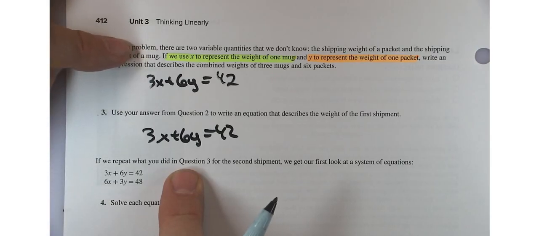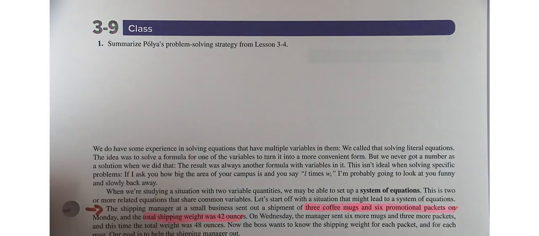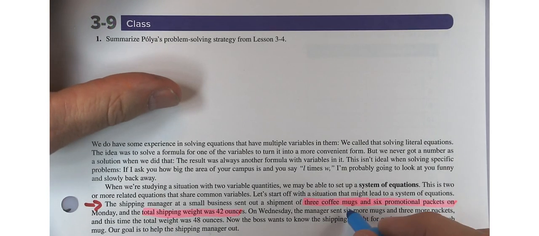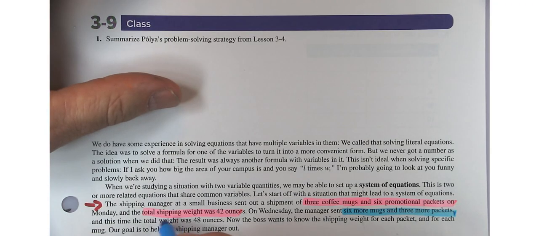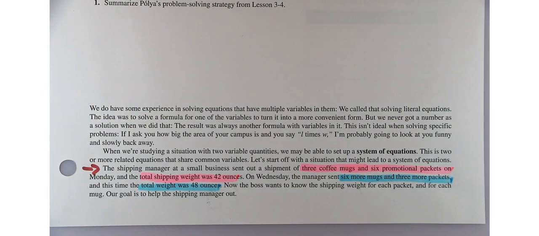except for the second shipment that was sent out. So let me highlight that. On Wednesday, the manager sent 6 mugs and 3 packets for a total weight of 48 ounces. So try and use that bit to come up with yet another equation.